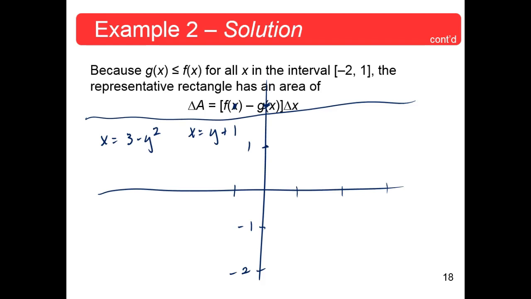Give me another y. One. Okay, when y is equal to 1, what's x? 2. Okay, so it'll be over here. Give me another y. 0. What would x be? 3. Is that what I heard? Okay, 3.